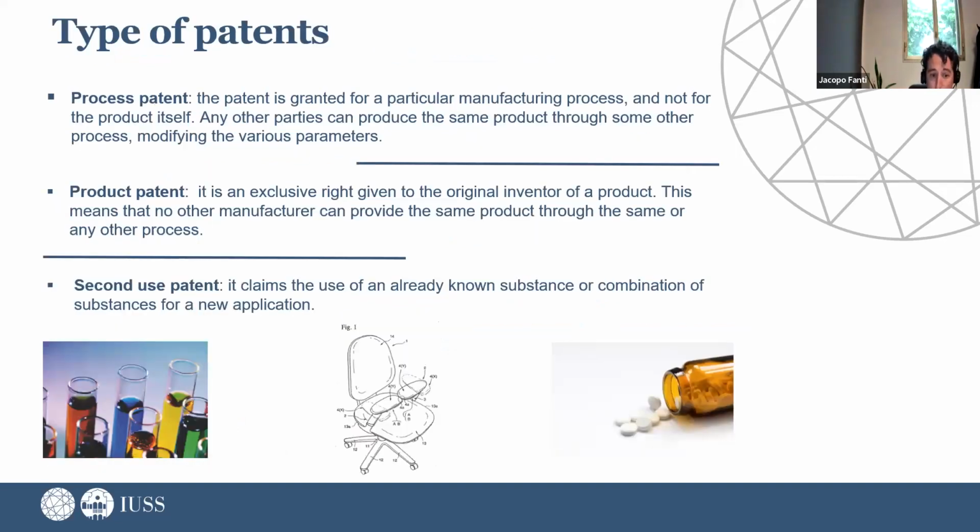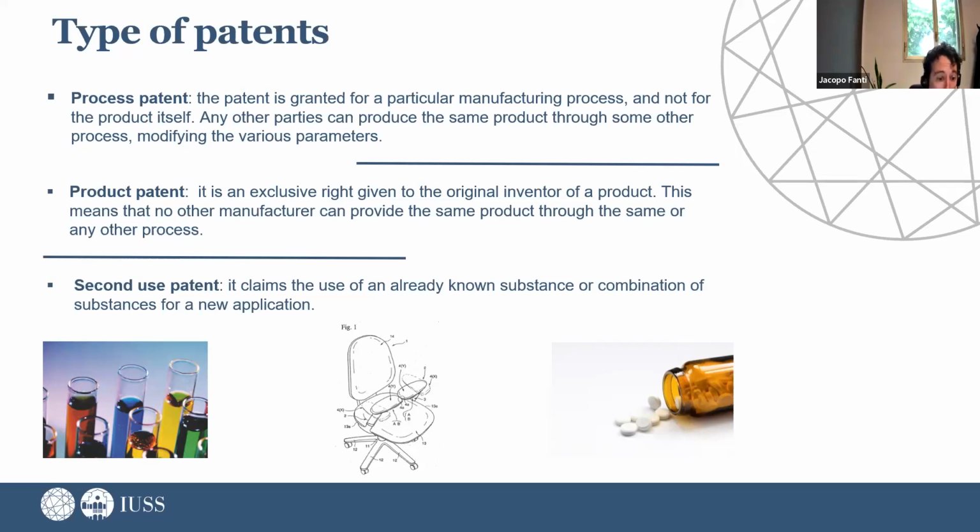Type of patents, you already saw something about this, but we can have process patent, product patent, or second use patent. It depends on the nature of the research result that you have. So under a process patent, the patent is granted for a particular manufacturing process, usually, and not for the product itself. And any other person can produce the same product through some other process, modifying the various parameters.